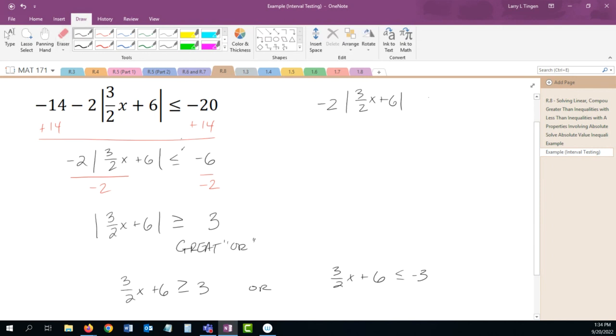And to get our answer, what we need to do is take negative 14 and then subtract 2 times the absolute value. It's sitting over there in the same way that if I wrote negative 14 minus 2x is less than or equal to negative 20, solve for x, it's the same idea. That 14's over here. Everything with the absolute value stays. Everything else goes. That's why I add 14 to both sides.